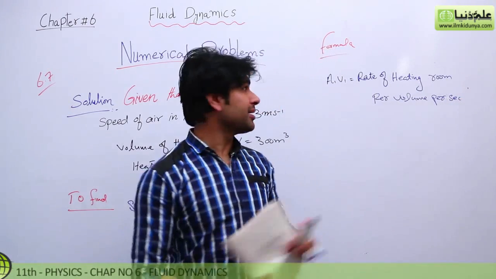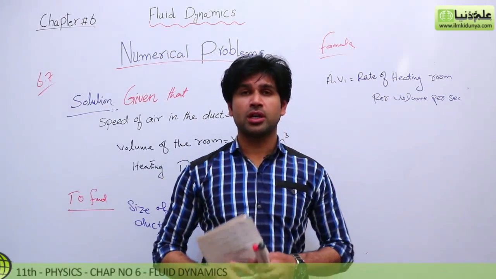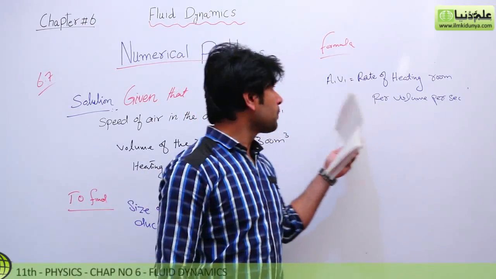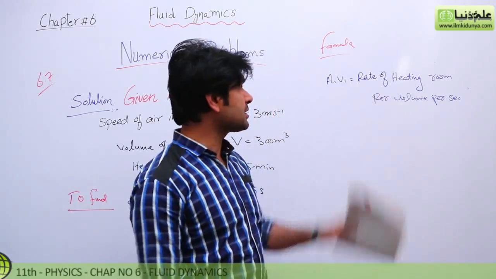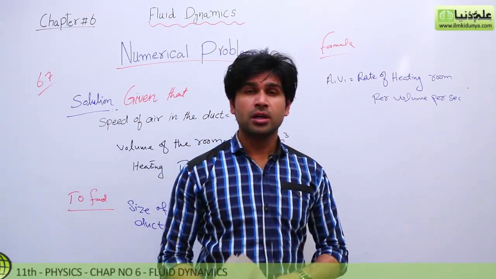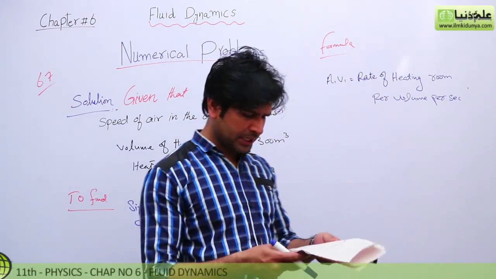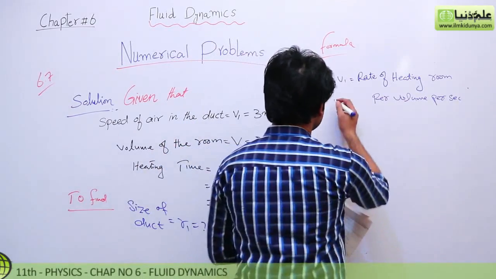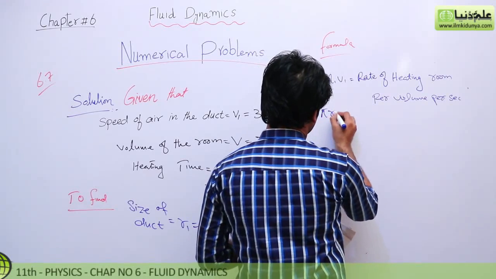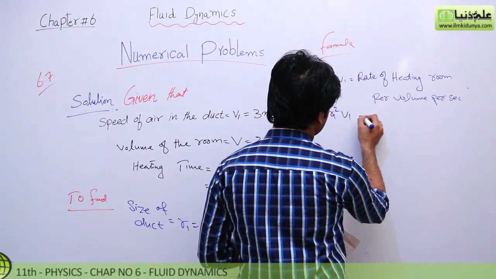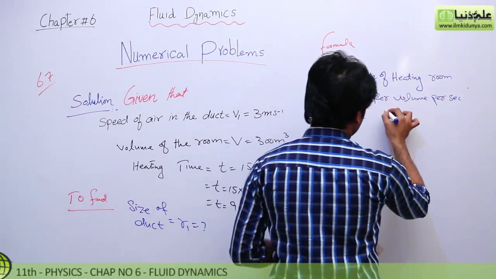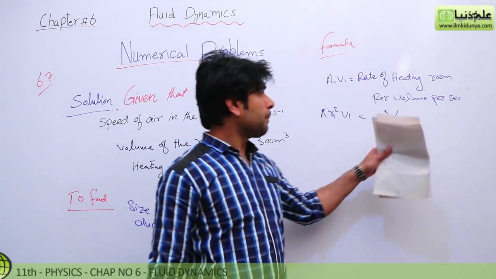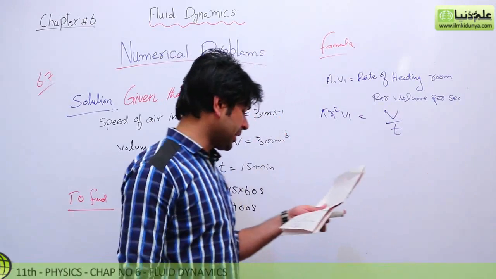Students, we will use this formula according to the equation of continuity: A1 V1 equals A2 V2. So A1 V1, the product of area and velocity, equals the rate of heating room volume per second. Now substituting the values, we can write A1 as pi R1 square into V1, and this should equal volume per unit time, meaning volume per second of heating.